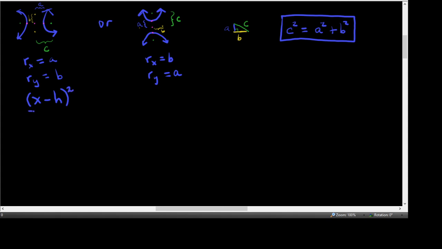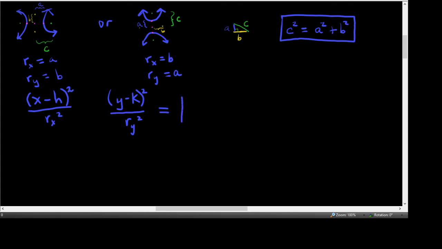We're going to have (x minus h) squared divided by r sub x squared, and we're going to have a fraction (y minus k) squared over r sub y squared, and those two fractions are going to be in an equation where somehow that's equal to 1.